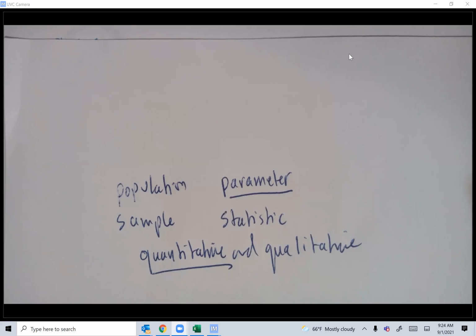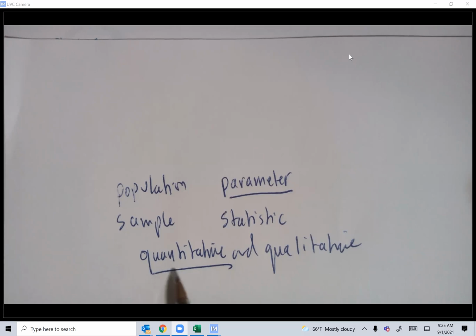Usually, inferential statistics will not be given to you. You would have to come up with that inference and make a conclusion about the population from your sample. So you collect a sample and you analyze the data in the sample and then make a conclusion about the entire population.